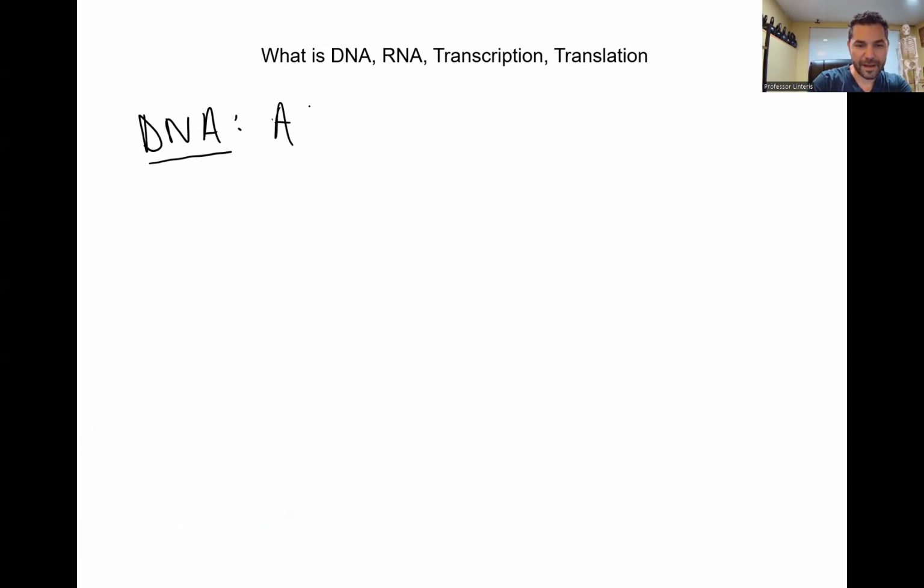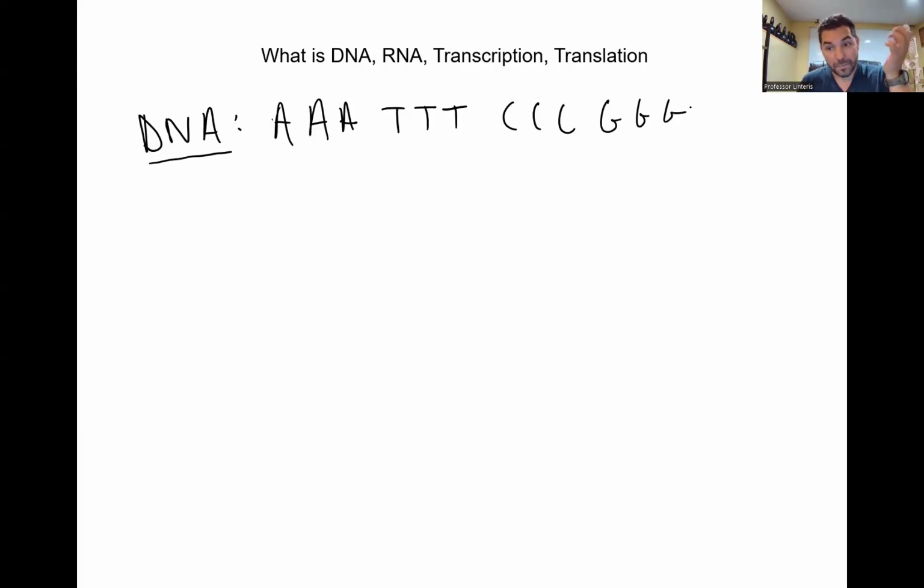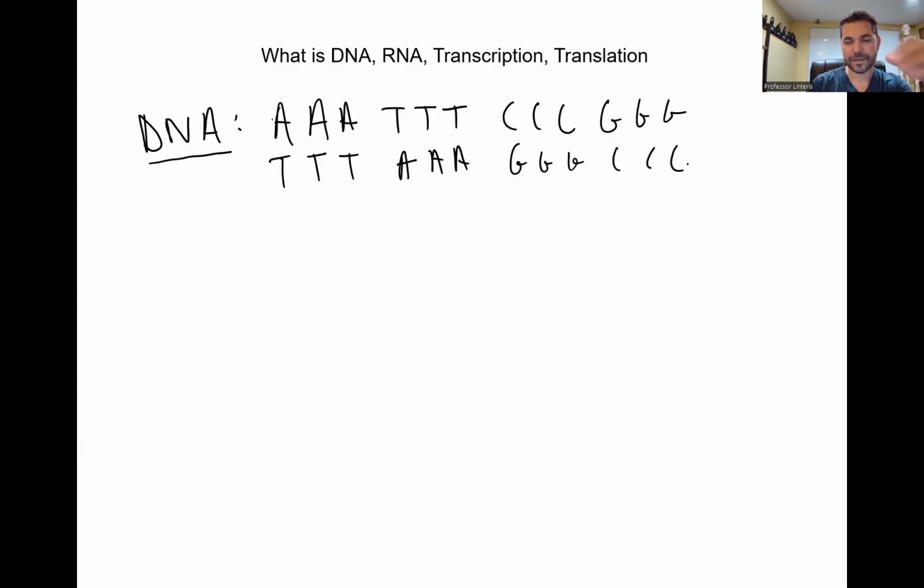So if this DNA was AAA, TTT, CCC, GGG, we know it's DNA because of the presence of the T, right? The complementary strand, or the other strand, because DNA is double-stranded, would be TTT, AAA, GGG, CCC, respectively. We know A's and T's match, and we know C's and G's match.